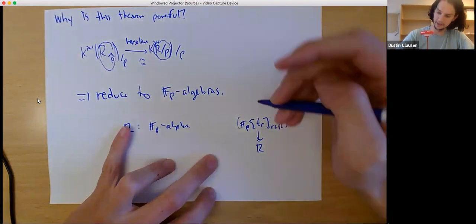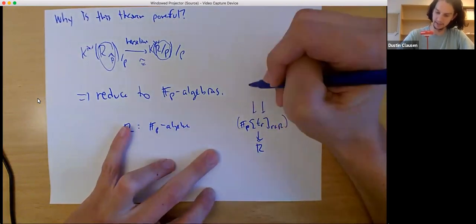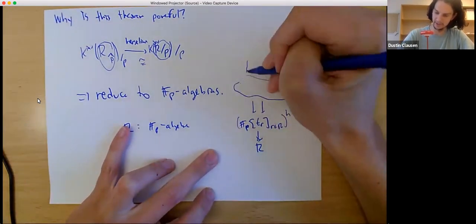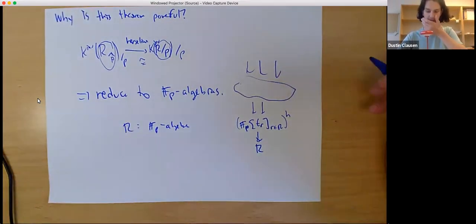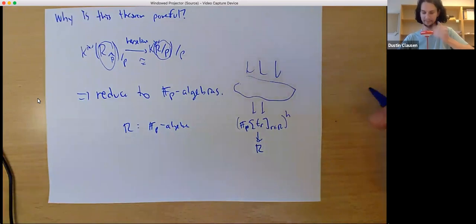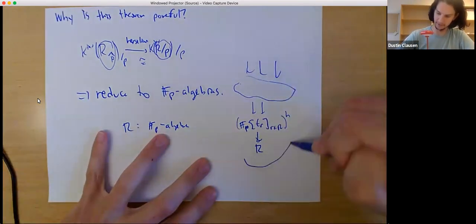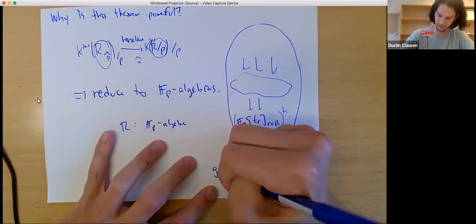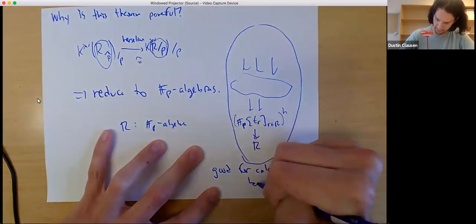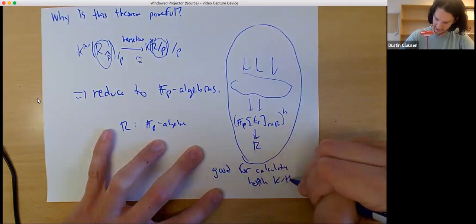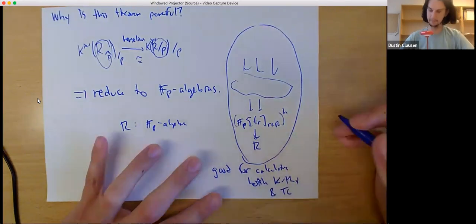And in fact, you can continue this process and make a simplicial resolution where you somehow preserve the Henselian property at every stage. And this simplicial resolution will be good for calculating both K theory and TC with mod P coefficients.